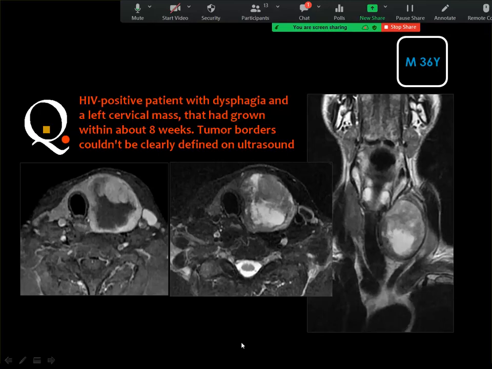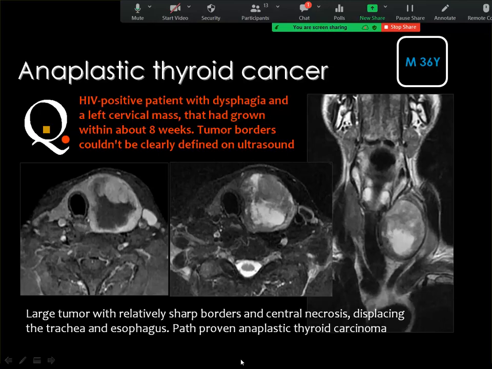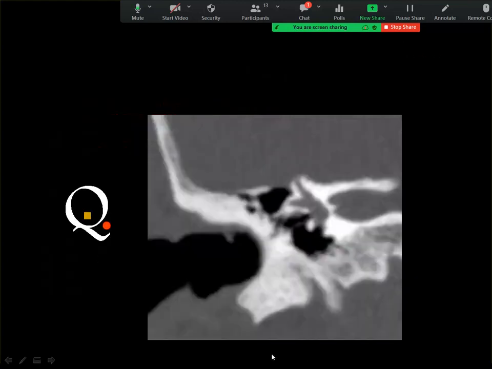It's an anaplastic type of thyroid carcinoma, but sometimes you can spot this from the films based on the tumor being big and there being a good part of the tumor that is necrotic. And based on these findings, you may diagnose the possibility of anaplastic type of thyroid carcinoma.